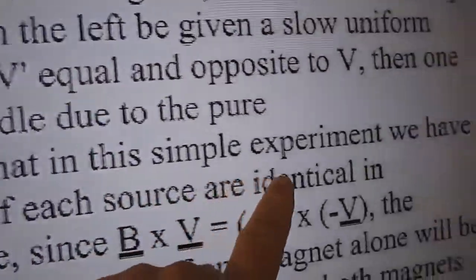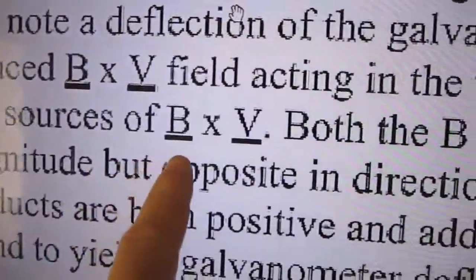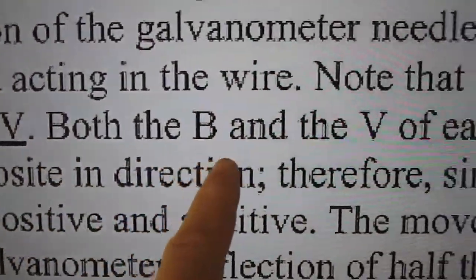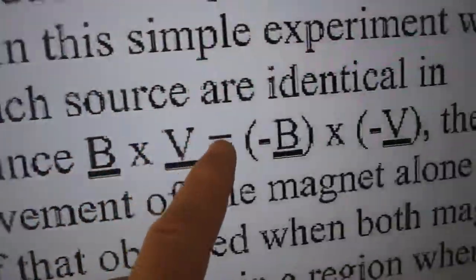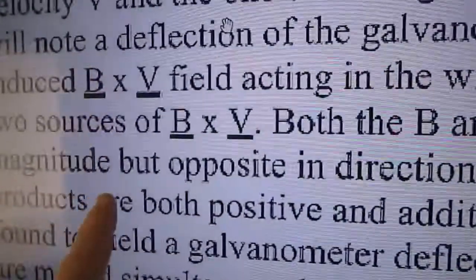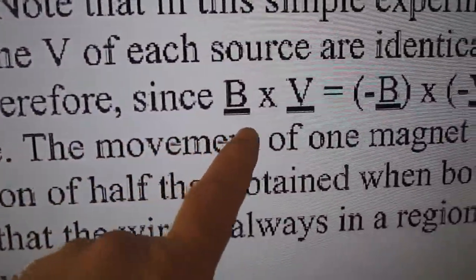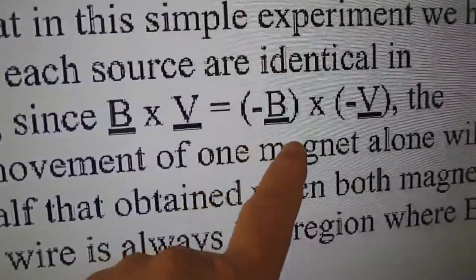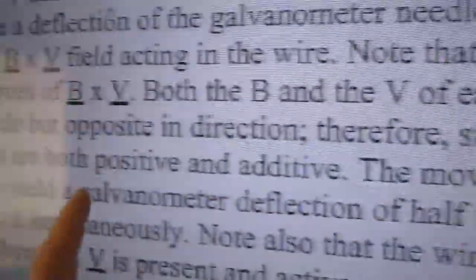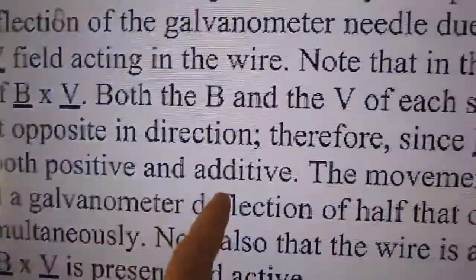Note that in this sample experiment, we have two sources of B times V. Both the B and the V of each source are identical in magnitude but opposite in direction. Therefore, since B times V equals minus B times minus V, the products are both positive and additive.